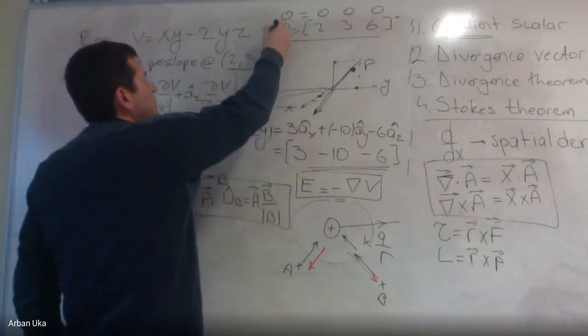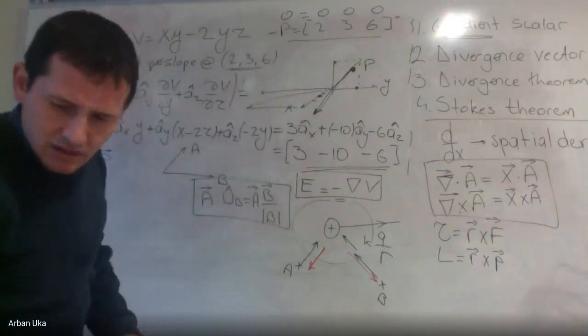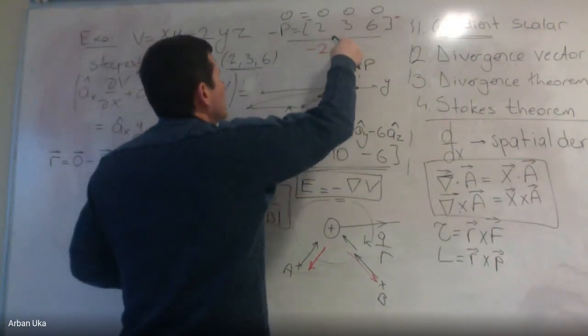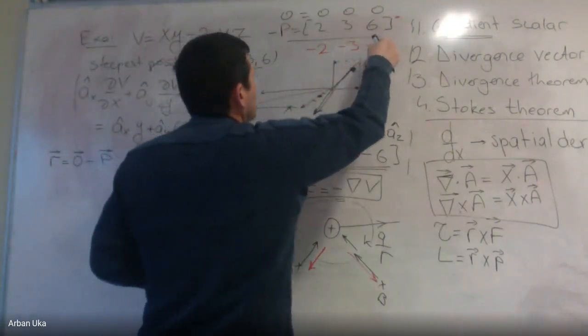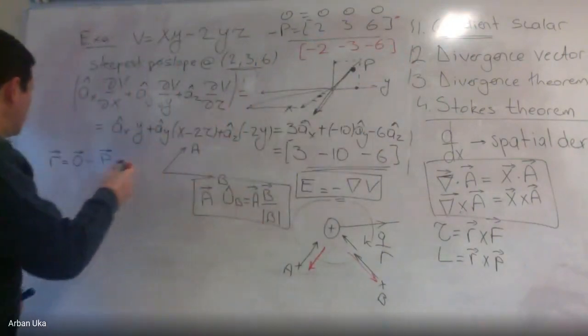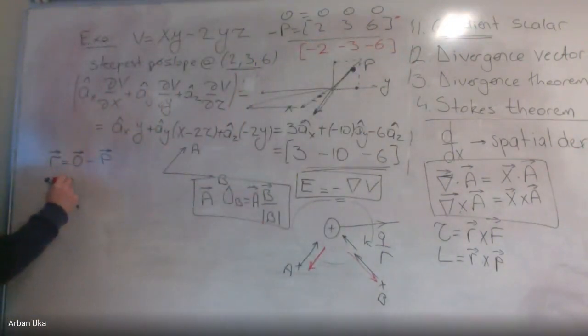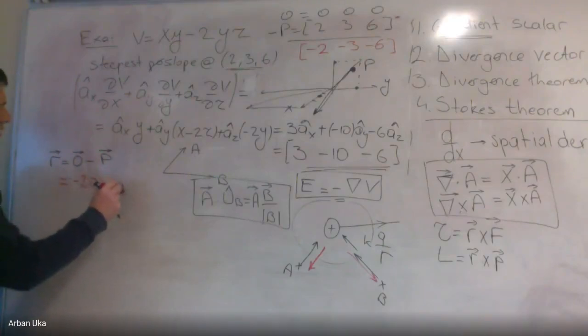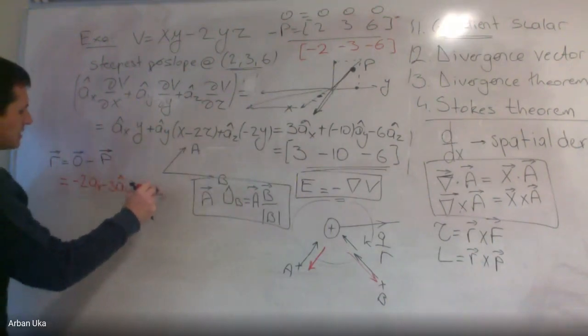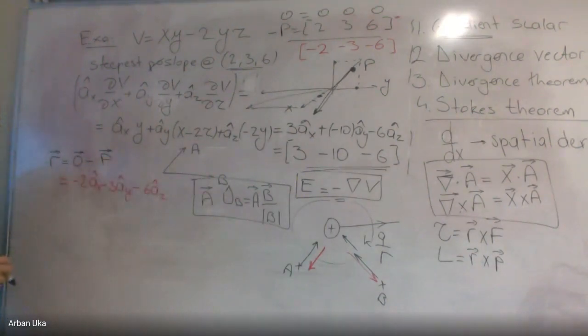So the answer is going to be 0 minus 2, which is minus 2, minus 3, minus 6. So this vector R is going to be equal to minus 2ax, minus 3ay, minus 6az. So this is what the vector R is.